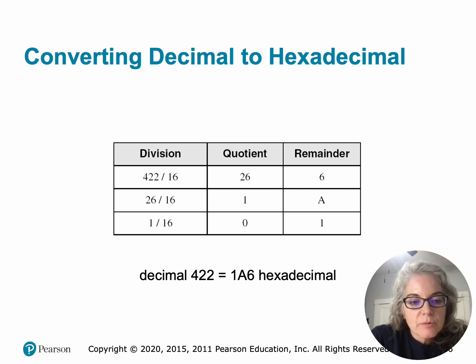And then 16 goes into 1 zero times, with 1 remaining as a remainder. So the number 422 in decimal form is the same thing as 1A6 in hexadecimal.